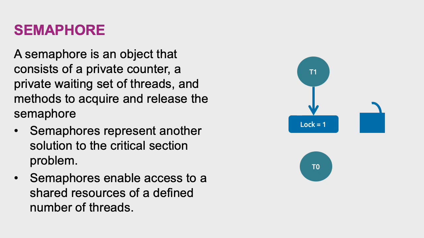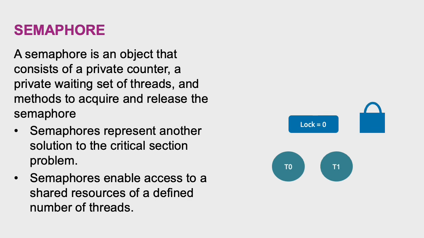The lock is still open. So basically the thread can access the critical section. Now, in the figure, we can see that both thread T0 and thread T1 have entered the critical section. And now the lock is closed.